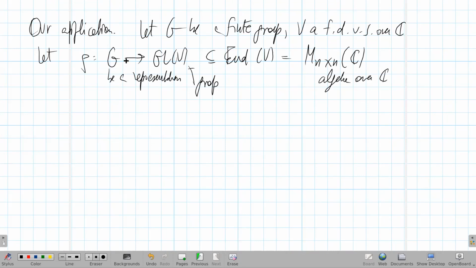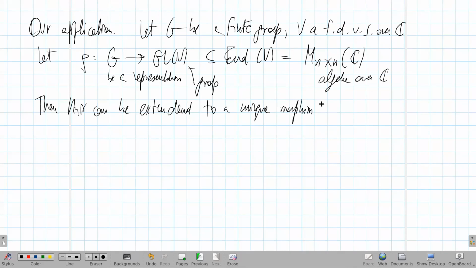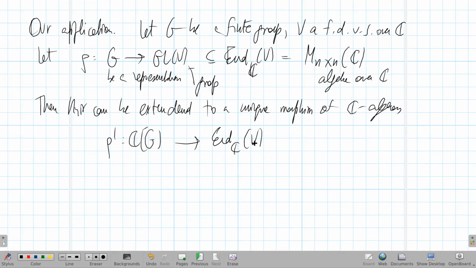And then the proposition I gave you tells you that this can be extended to a unique morphism of C algebras rho prime from CG to the ring of all linear maps on V. Okay, so these are invertible and these are all linear maps.